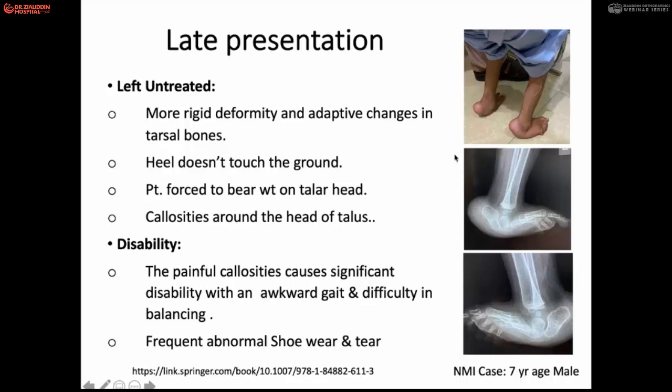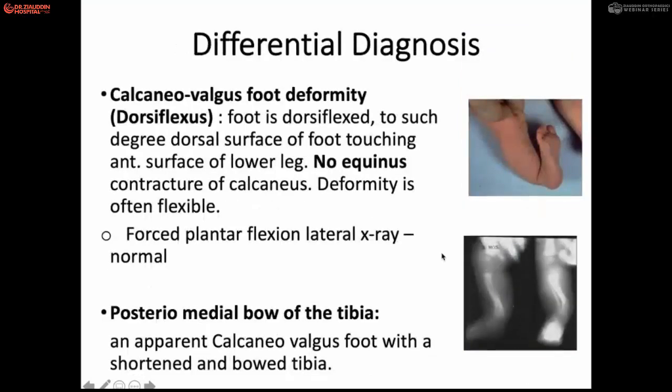The disability in these children with late presentation is painful callosities, which cause significant disability, awkward gait and difficulty in balancing. They are not normal feet, so they are unbalanced feet, and later they need some support because of the painful callosities on the medial side over the talar head. And there is always frequent shoe wear and tear because of this verticality, the pressure sore and the callosities.